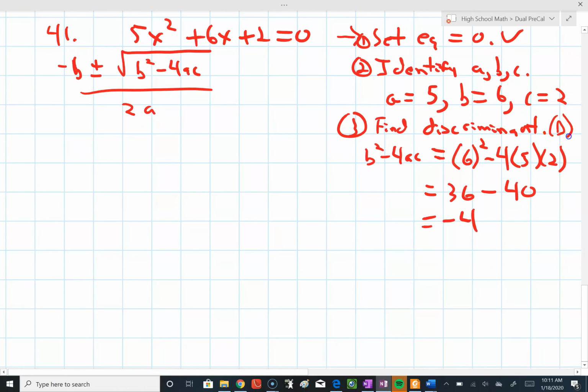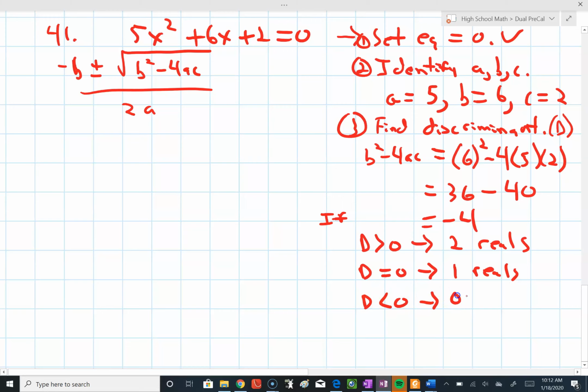That's not a standard notation, but if the discriminant is greater than 0, there are going to be 2 real solutions. If the discriminant is exactly 0, there will be 1 real solution. And if the discriminant is negative, there will be no reals. It'll be 2 i solutions.